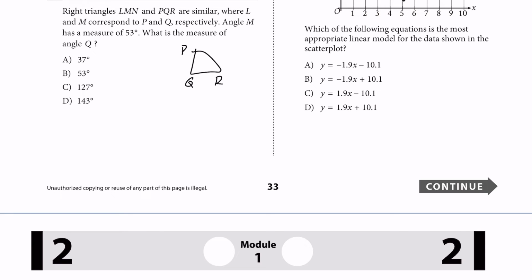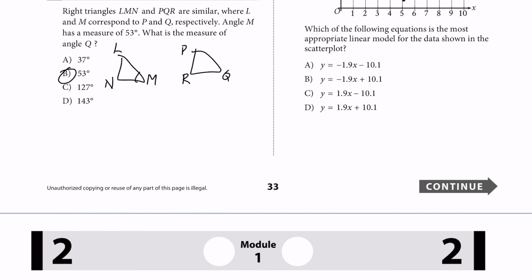We know L and M correspond to P and Q respectively. So if this is 53, what is Q? We know R must correspond to N. So if M is 53, then Q is the equivalent angle. So it's also going to be 53 because we know the triangles are similar.